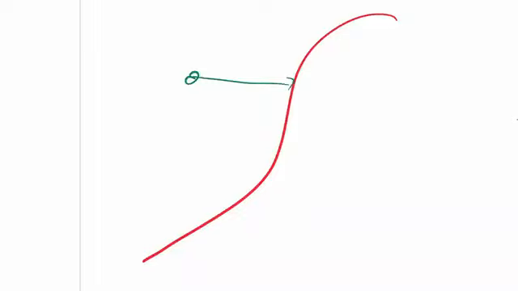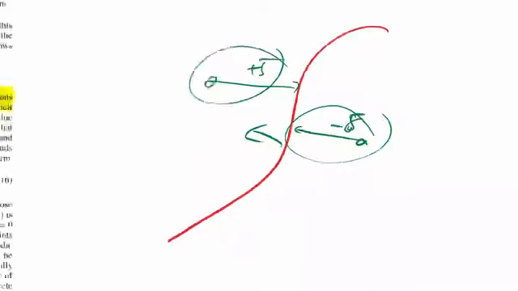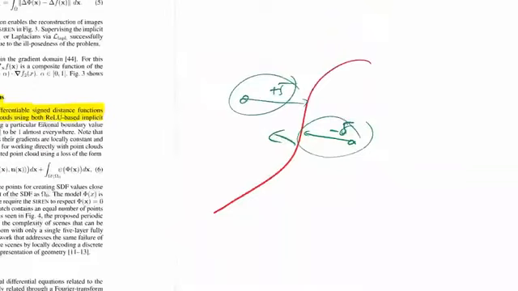But if you have a signed distance function, it simply means that each point also has a sign in front of it. That means all the things on one side of the boundary maybe have a plus, and all the things on the other side maybe have a minus. So even though two points could be the same distance from the boundary, one is +5 away and one is -5 away.